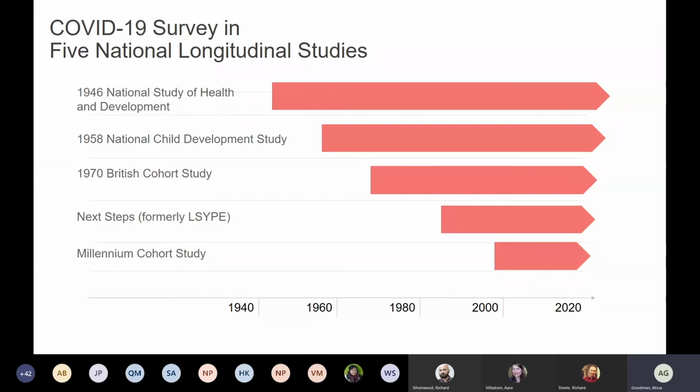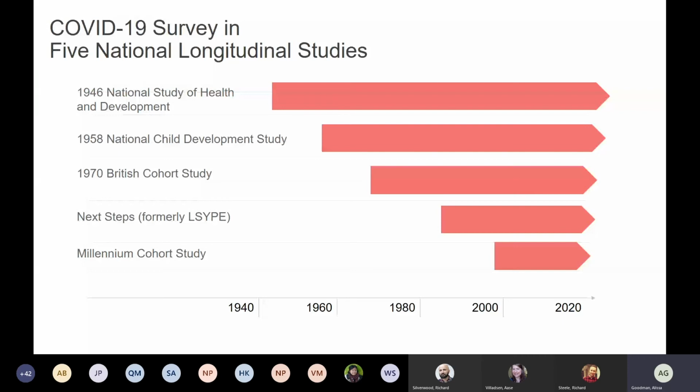So collectively, these studies are all of the UK's national birth cohort studies that have been running since post-war and going strong today. Next Steps is not a birth cohort, as I said, but started in adolescence. And that's the full collection of cohorts that we've harmonised and issued this data collection in.